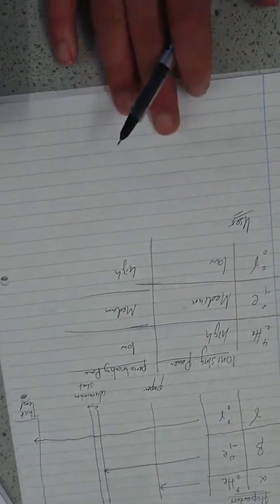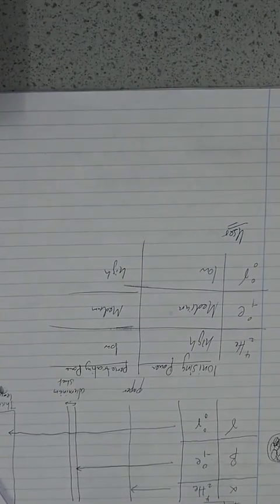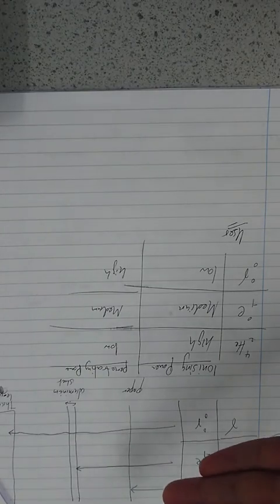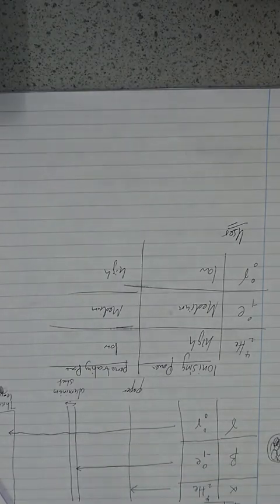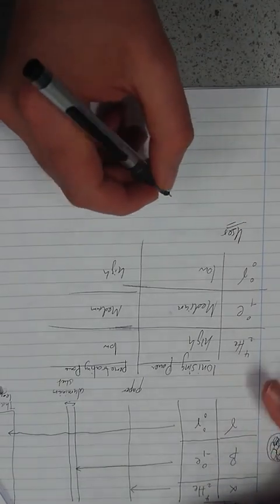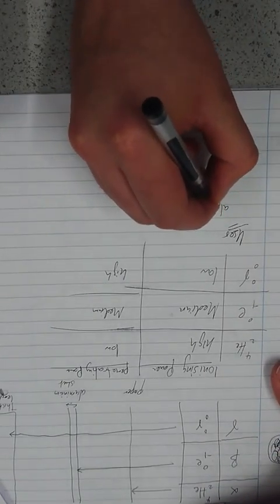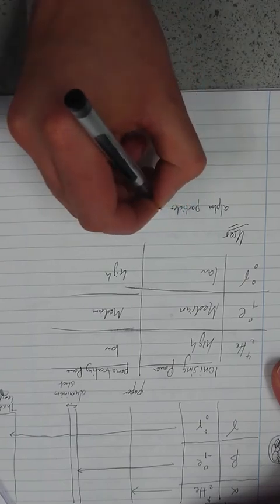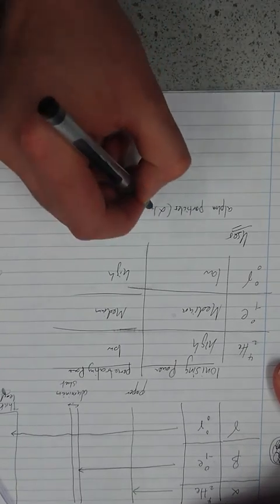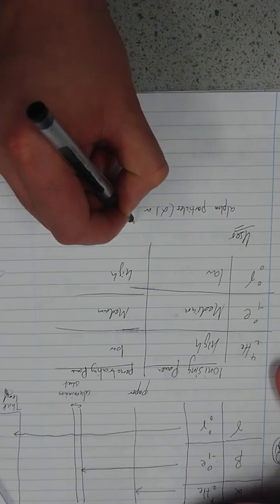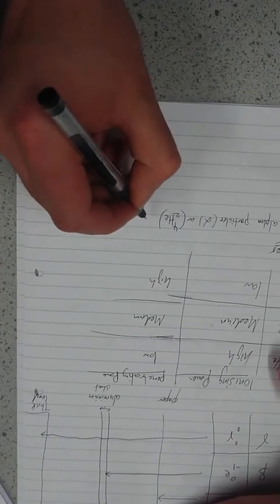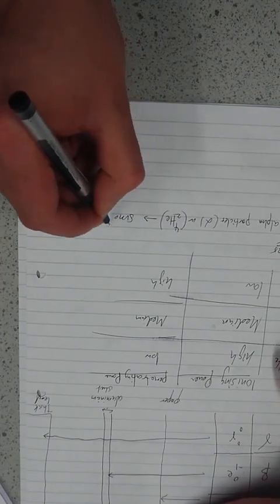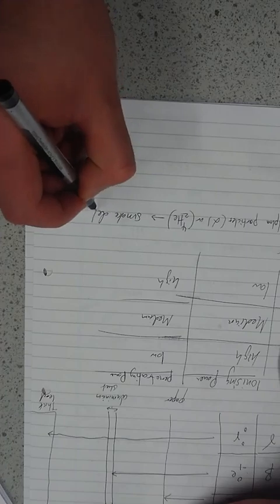Where do we use alpha particles? Why do we use alpha particles? Interesting. Since alpha particles can easily get stopped by paper, why can we use them? Actually, alpha particles get used in smoke detectors.